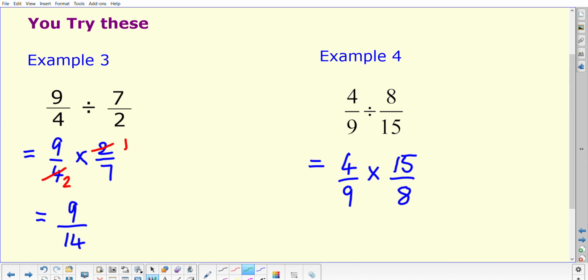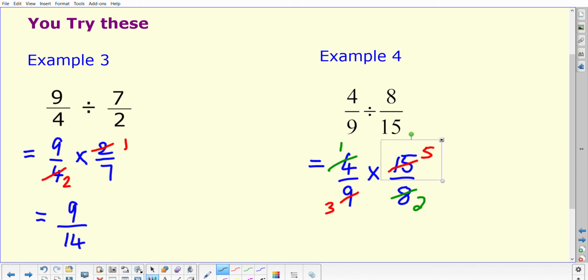Hopefully you spotted that you could cancel between the 4 and the 8. So 4 into 4 goes 1, 4 into 8 goes 2. That's not the only cancelling we can do though. The 9 and the 15 are both in the 3 times table. So we can say 3 into 9 is 3, 3 into 15 is 5.